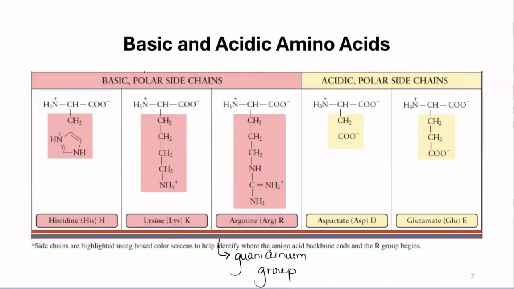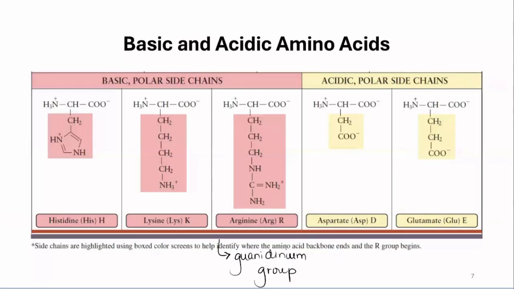Lastly, we have the acidic side chains. The acidic side chains are present in the amino acids aspartate and glutamate, which are also known as aspartic acid and glutamic acid.